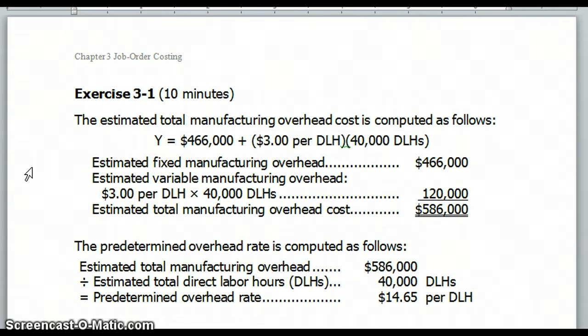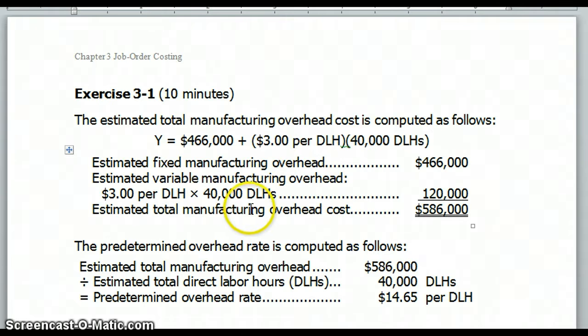The estimated total manufacturing overhead cost is computed as the total cost, Y, equals $466,000 of fixed manufacturing overhead plus $3 per direct labor hour. We're told that there are 40,000 direct labor hours expected for the coming year.